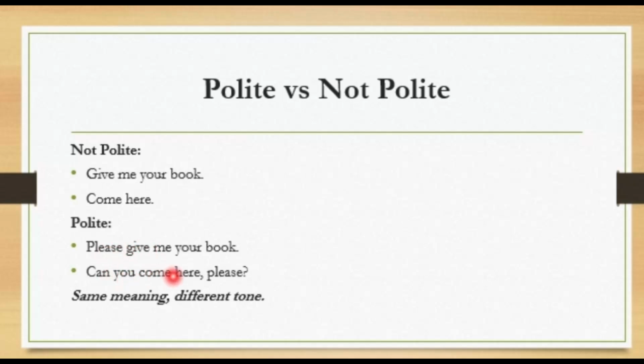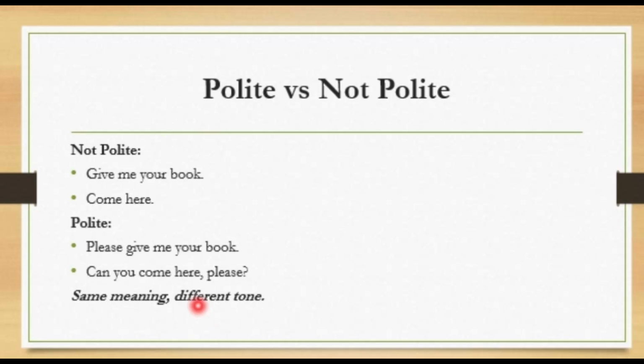All right? Can you come here, please? All right. So tone and words are very important. Same meaning, but different tone. People have different feelings and emotions depending on how we say something. So it's also a kind of art, and people need to practice.